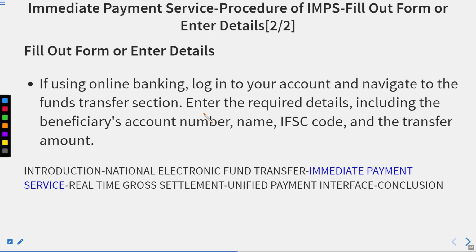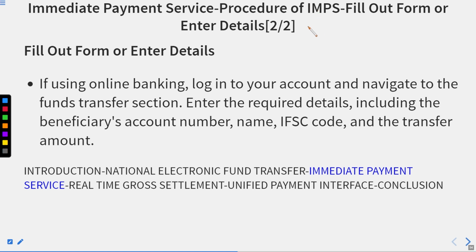But if you are not visiting the branch and you are using the online method, then log into your account, navigate to the fund transfer section, and enter the required details including the beneficiary's account number, name, IFSC code, and the transfer amount.